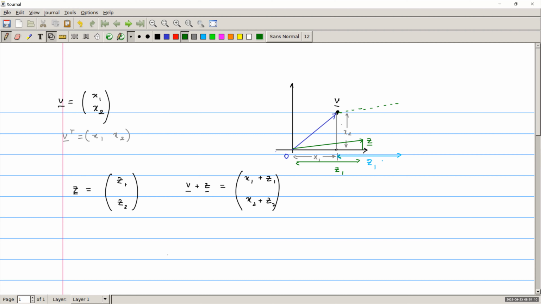So I draw a line parallel to this vector z, but starting from the tip of v. This looks like three sides of a parallelogram, so I just complete the parallelogram.